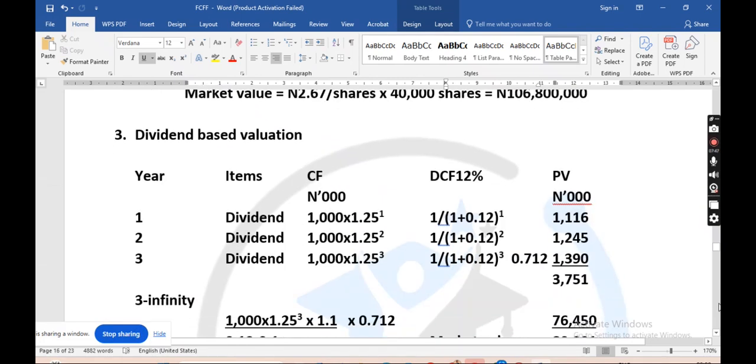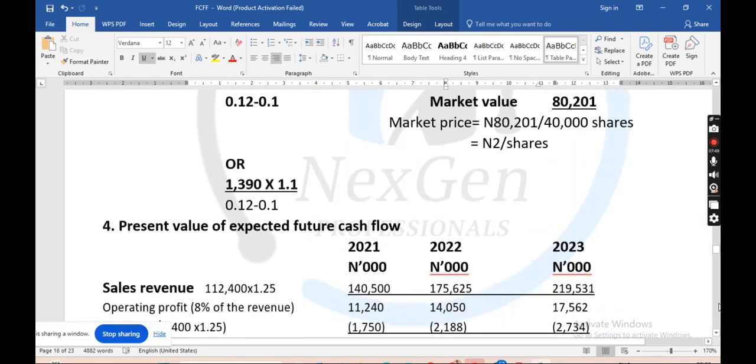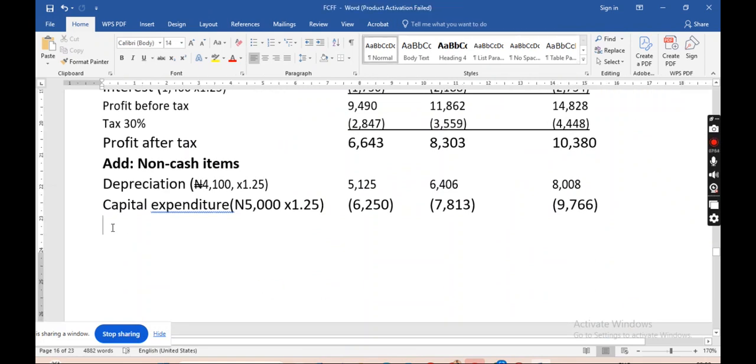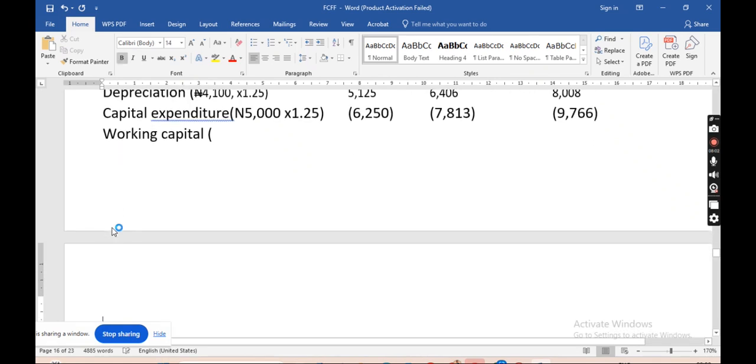Let's show the workings on the working capital. Working capital will increase. We don't know the figure.